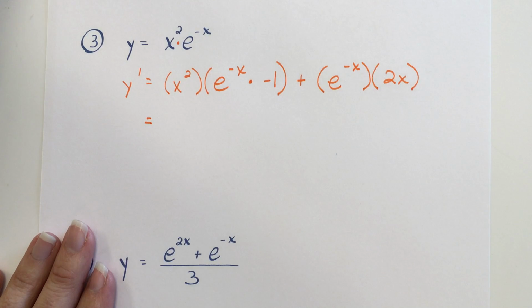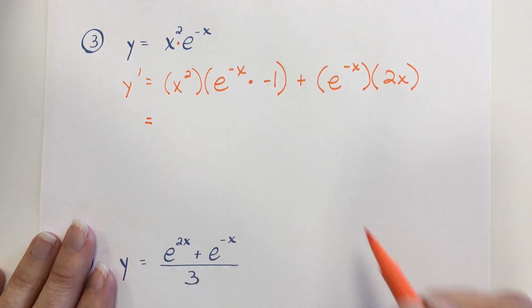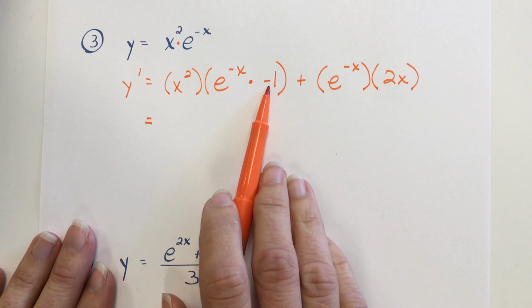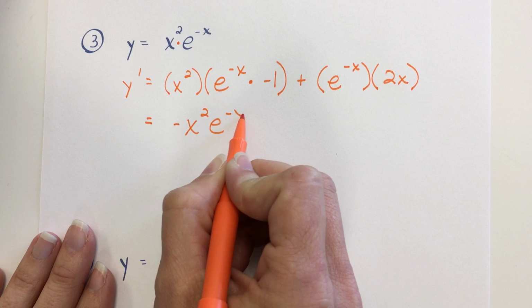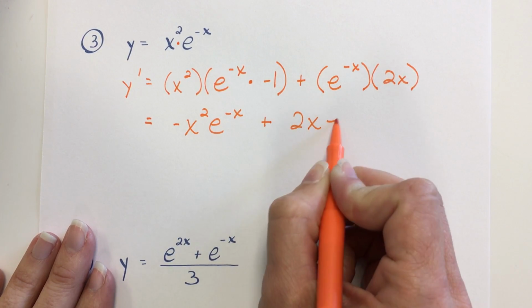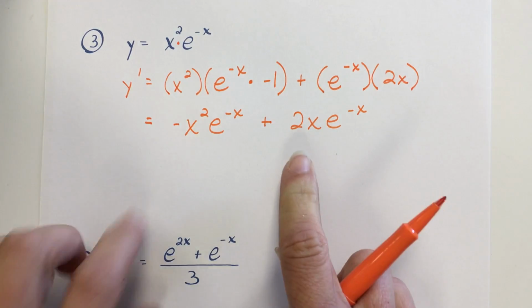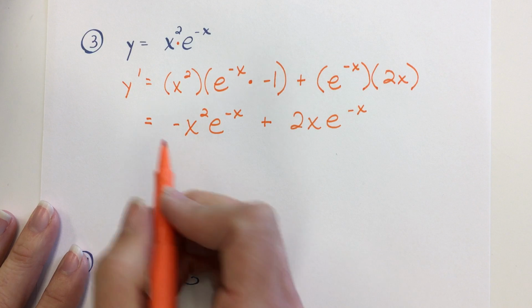Now you've got some common terms here. Let me do one more step before we start talking about a common factor. If you multiply all this together, you could just write this as negative x squared e to the negative x plus, and this would be 2x times e to the negative x. So you do have an x in common, and you also have an e to the negative x in common.